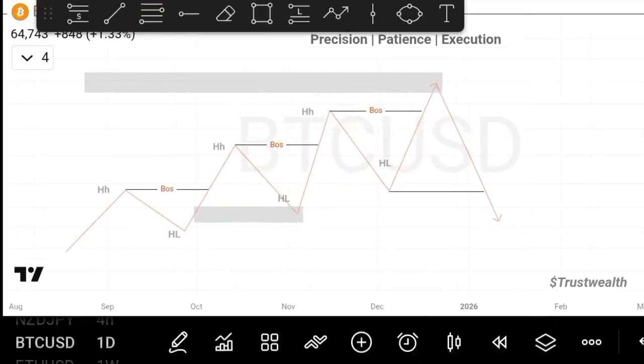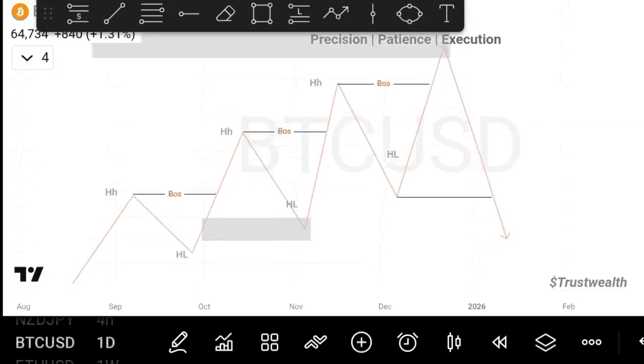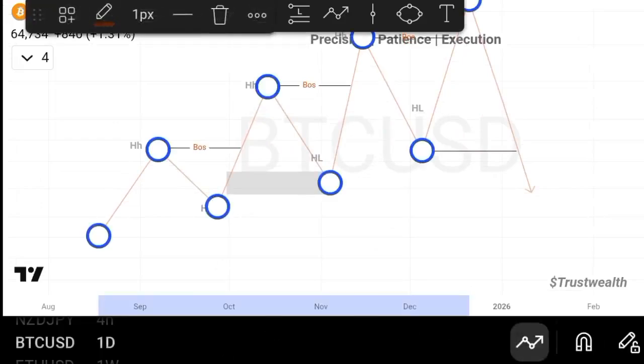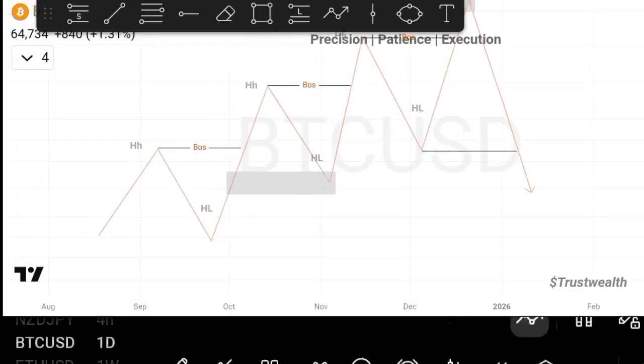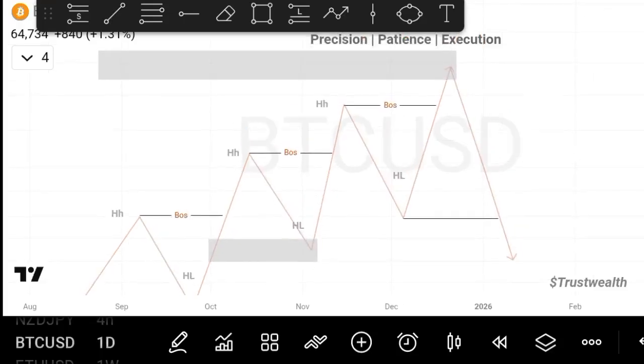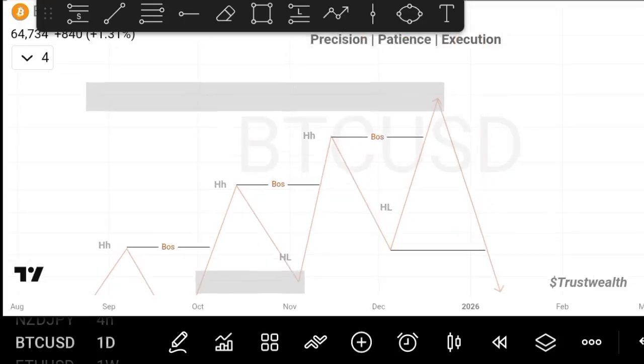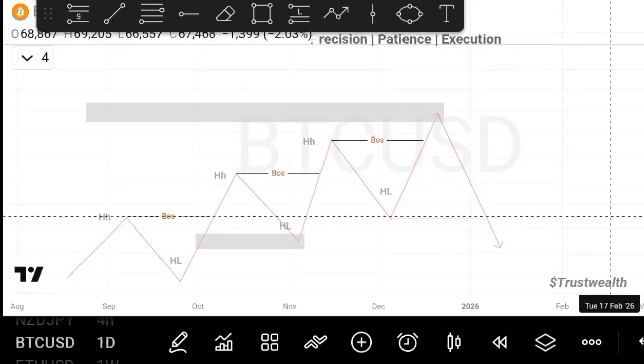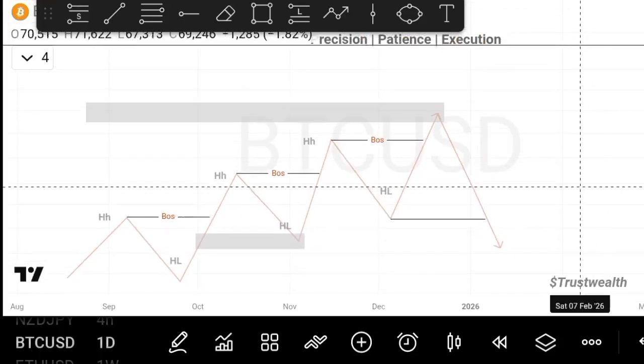A change in market character is just like price is running, and all of a sudden price decides to stop running and start jogging. So this is what it is. The character of the market previously is higher high and higher low, and all of a sudden price came in contact with a higher time frame POI.